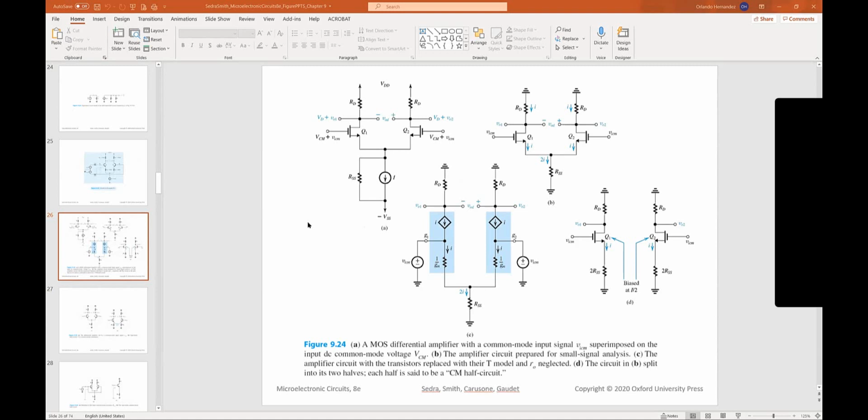The analysis is not less valid if you just do it in a two-transistor differential pair, because the result is going to apply even to the cascode differential amplifier. So this 9.24 is what we're going to rely on for the next analysis, in which we're going to look at the common mode rejection of the differential pair. So while we're going through this, if you can be looking at this figure, it's going to be helpful, okay?